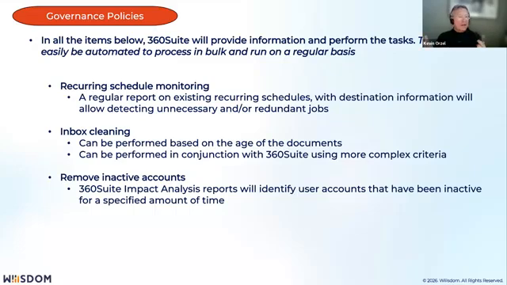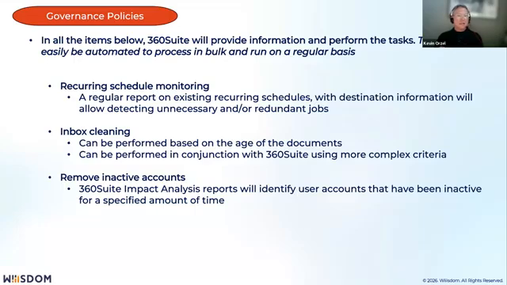We have some automated tasks that can process in bulk and run on a regular basis. The frequency is, of course, selected by you, but frequent is definitely the key there. So monitor your recurring schedules. Are they needed? How much output are they producing, especially in those inboxes? This is stuff that can be controlled with the suite.